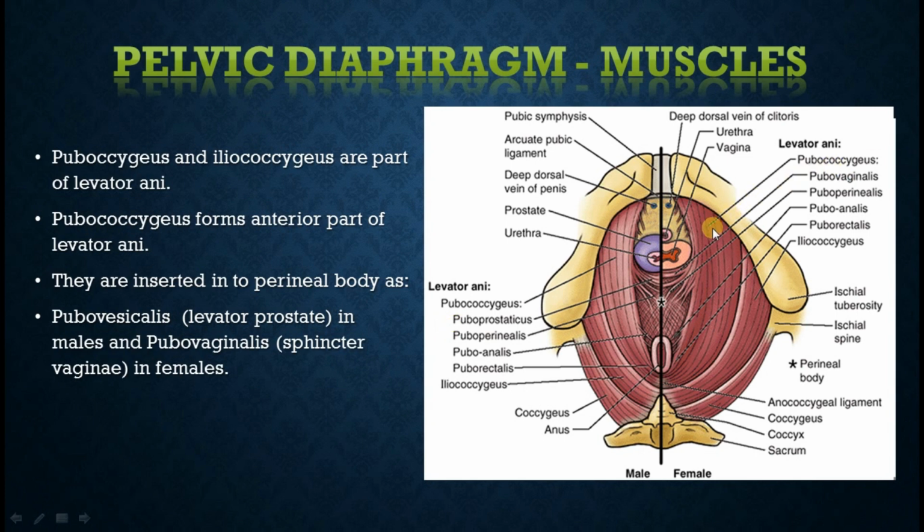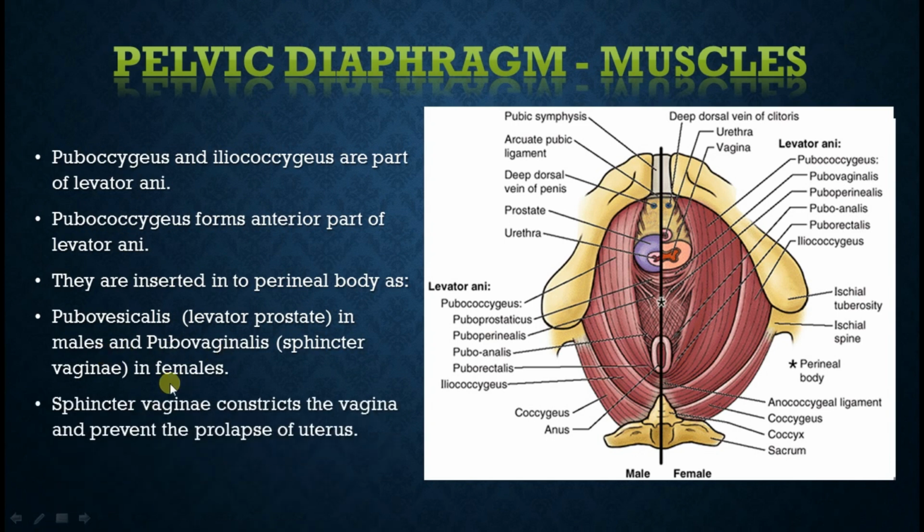Okay, the pubovaginalis muscle is attached to the wall of the vagina. This is the female pelvis. This half is the male pelvis, where it forms the puboprostaticus. The pubovaginalis, since it is attached to the wall of the vagina, is also called the sphincter vaginae. It constricts the vagina so that it prevents the prolapse of the uterus.